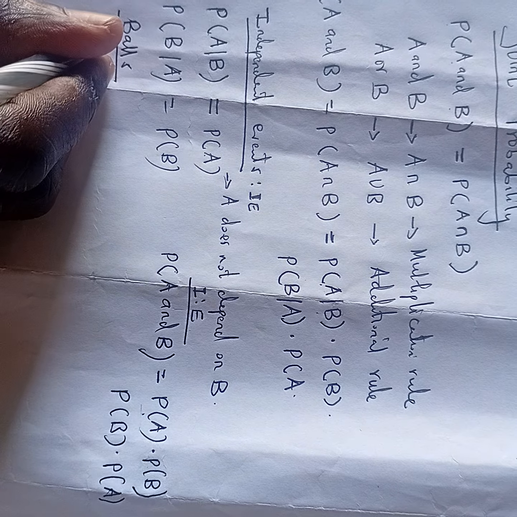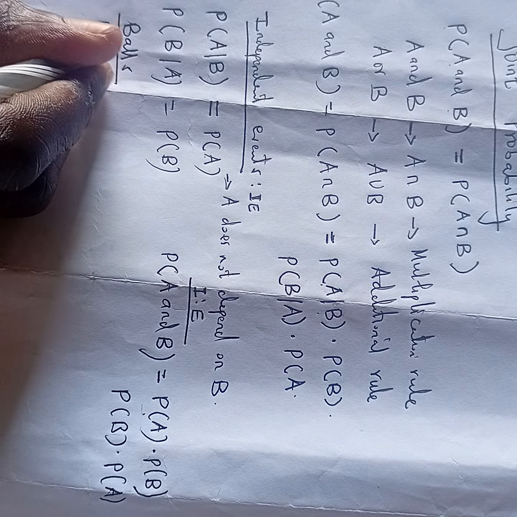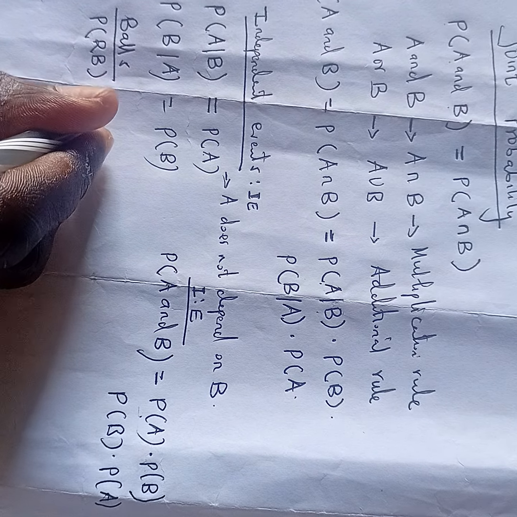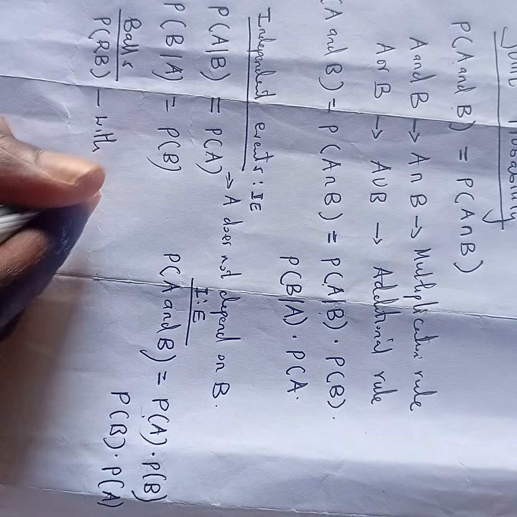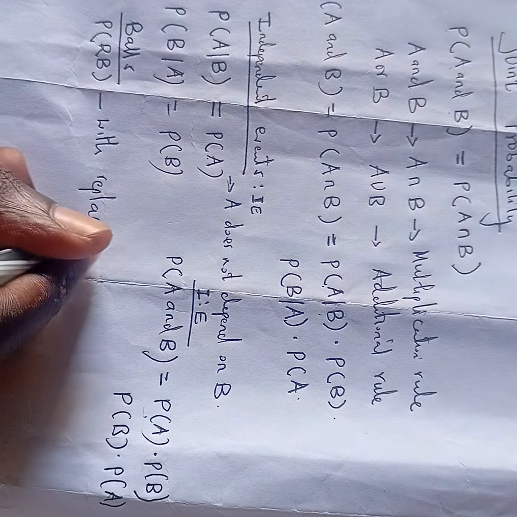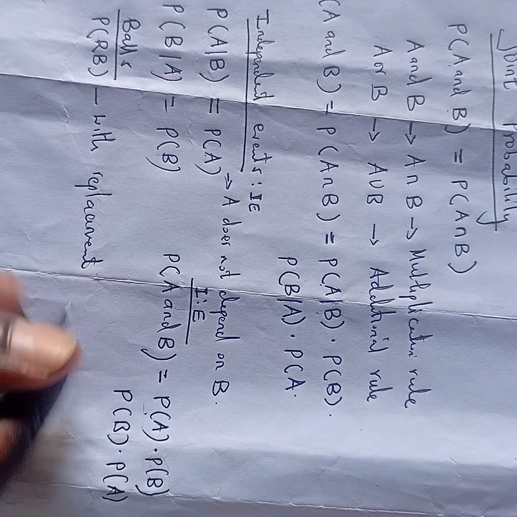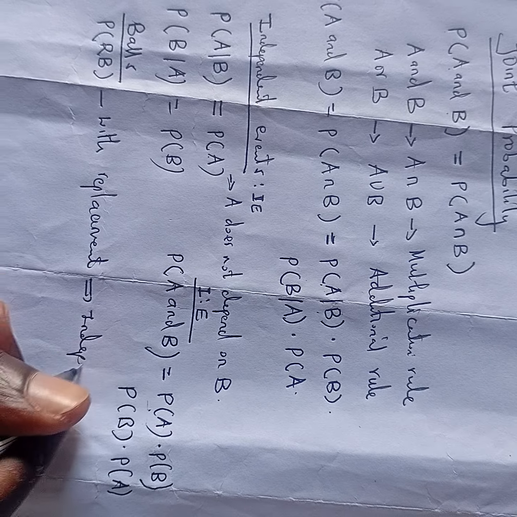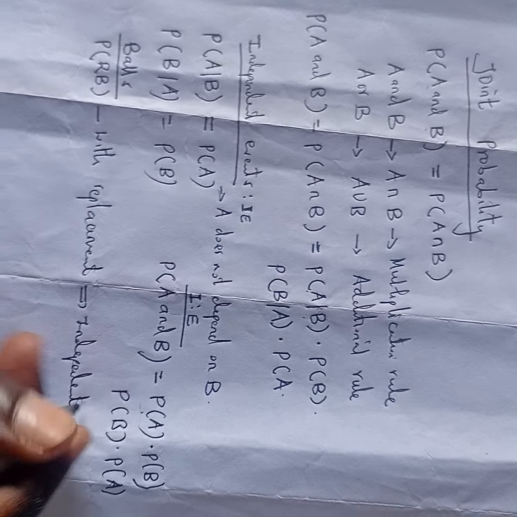The probability of picking a red ball with replacement is independent. Why?